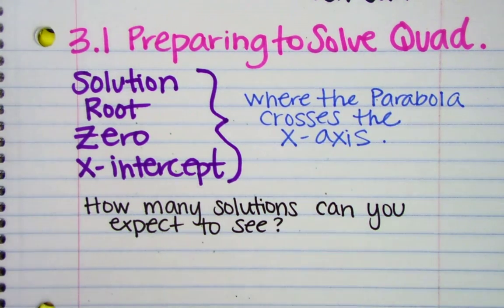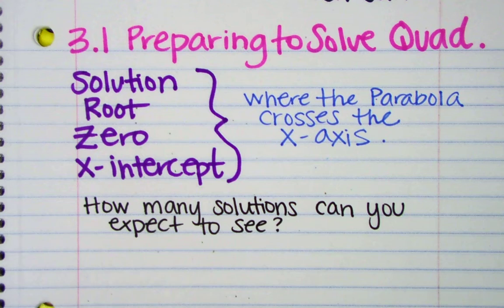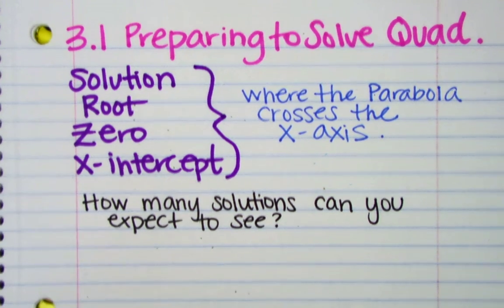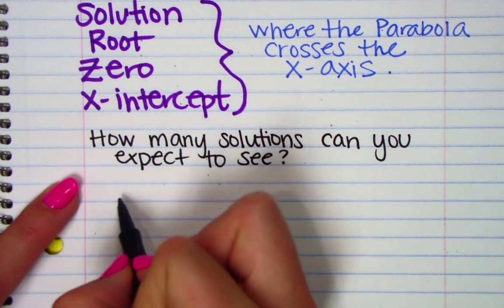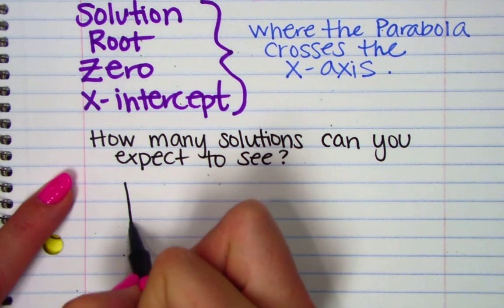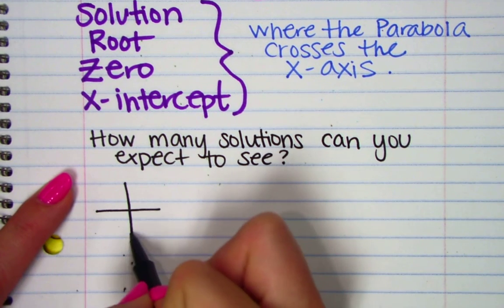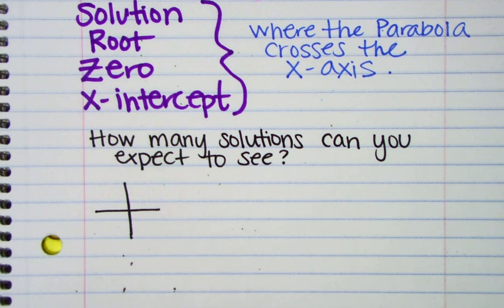Right, good question. Good answer. Yes, I'm going to give you 3 graphs here though, and you'll see on each one, it'll be a different number of solutions. Right, so we're going to draw 3 graphs. And this one, it's just going to be a sketch. It doesn't matter where the numbers are, okay?